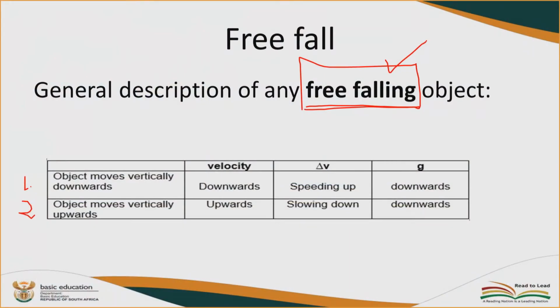The direction of velocity is upwards because the direction of motion is also upwards. Now, as it moves upwards, it moves slower and slower. That's why we are saying the change in velocity is slowing down, okay? And then the direction of acceleration is opposite to that of velocity because it's moving upwards, yet the acceleration is downwards. So these two have got opposite directions, right?